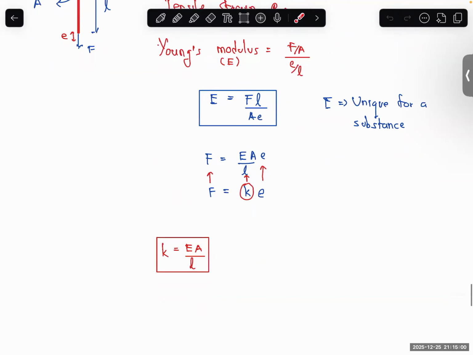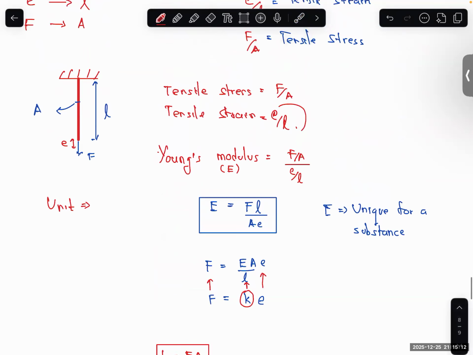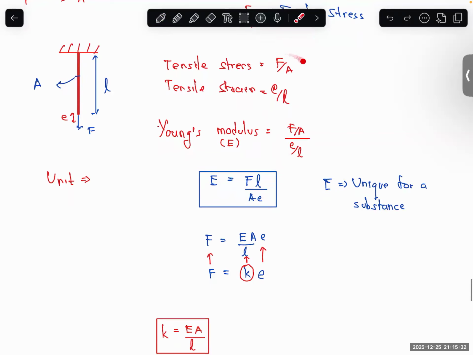Now tell me the units and dimensions of Young's modulus. Unit? Actually, this strain is unitless, dimensionless. Why is that? Because extension is measured in meters or length. This is also a length measured in meters, so it will not have a dimension or unit. But this one, force divided by area, will have.